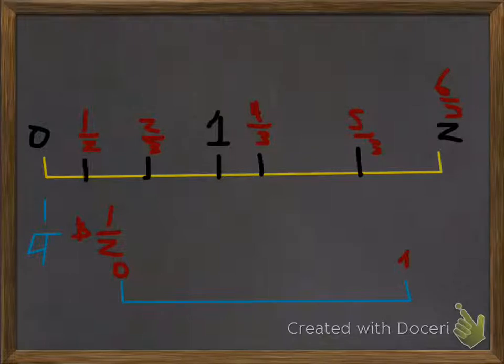Zero to 1. So with the 1/4, we would break our line into 4 sections. 1, 2, and 3. So we just add 3 tick marks in between.